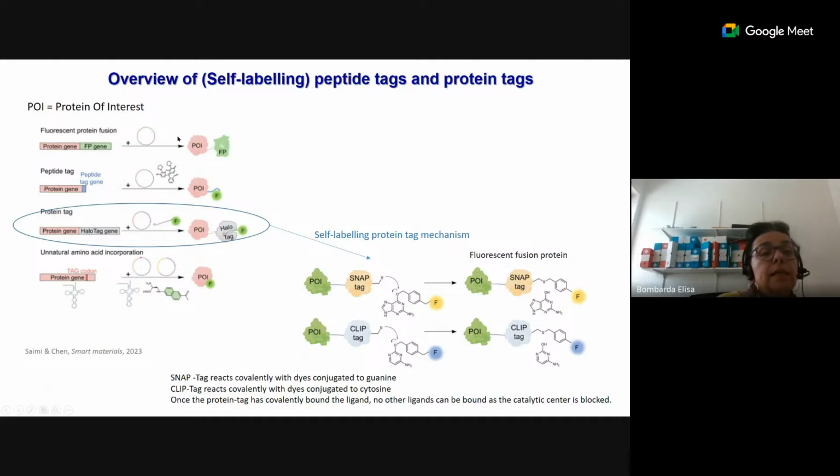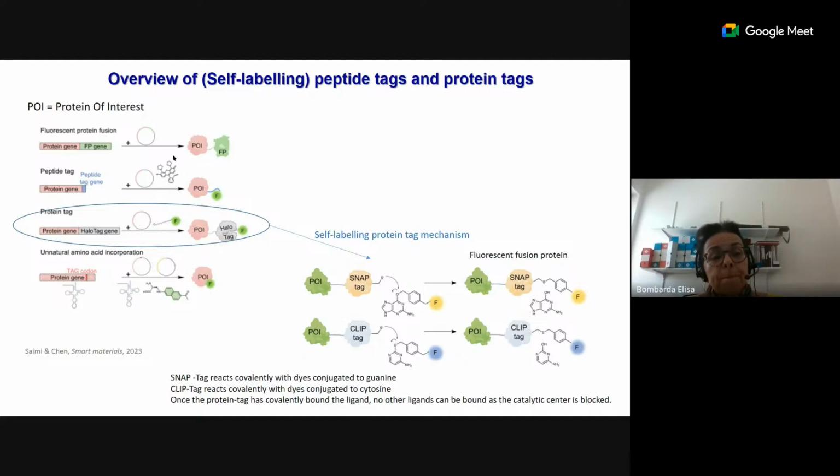Let's focus for the moment only on the left part of the slide. Here is practically an overview of protein labeling, in the sense that we label the protein using another protein or a peptide.